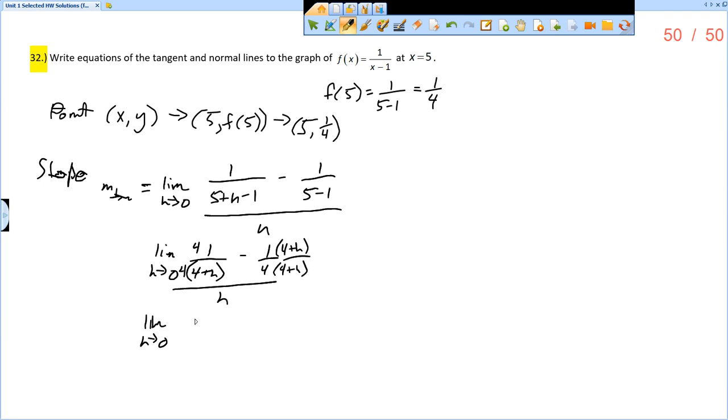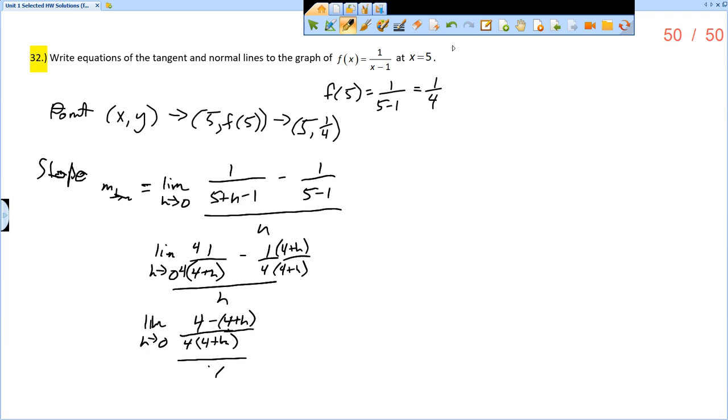So I have 4 over 4 times 4 plus h, and then minus 4 plus h over 4 times 4 plus h, and then all of that divided by h.